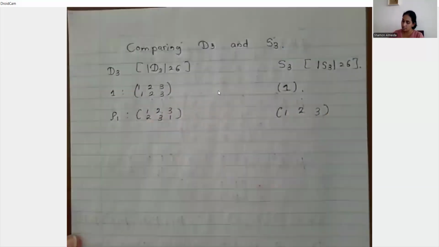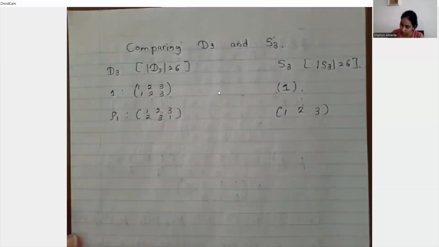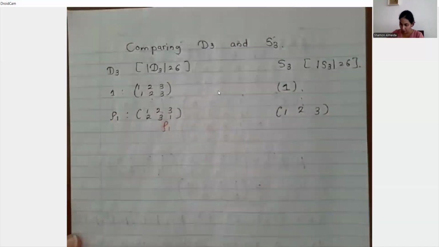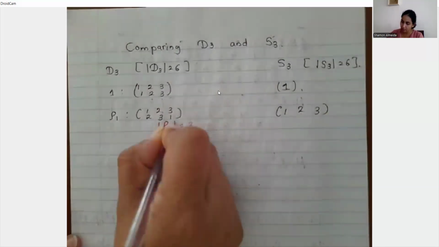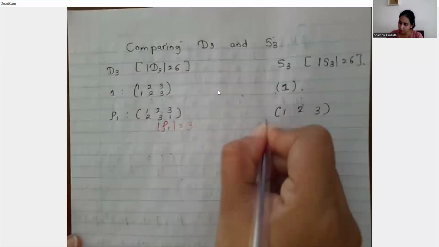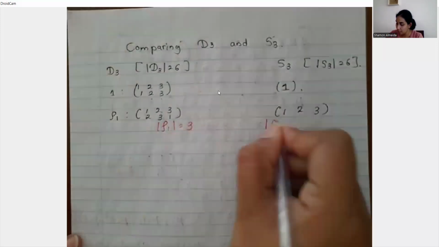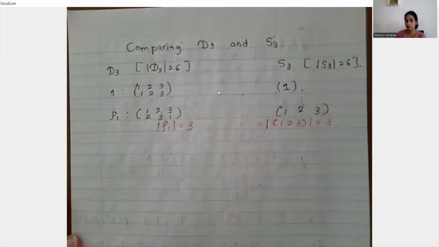Not only that, the order of rho 1 is 3. The order of this cycle is also 3, which you can verify.